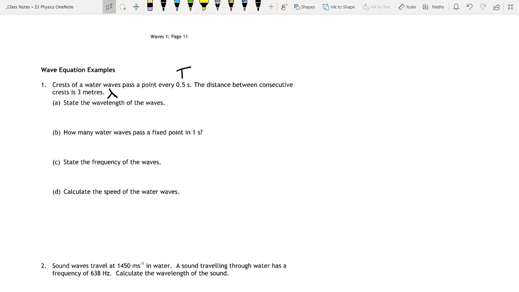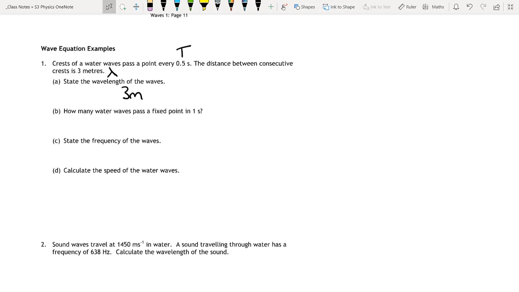So the first question is nice and easy. State the wavelength of the waves. It's just that 3 meters. B. How many water waves pass a fixed point in 1 second? Well, we say crests of a water wave pass a point every 0.5 seconds.